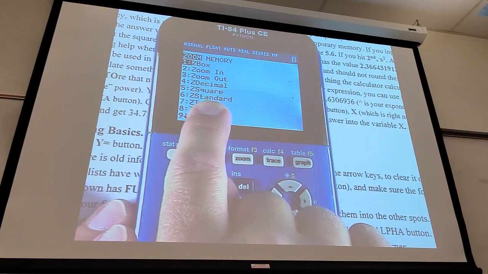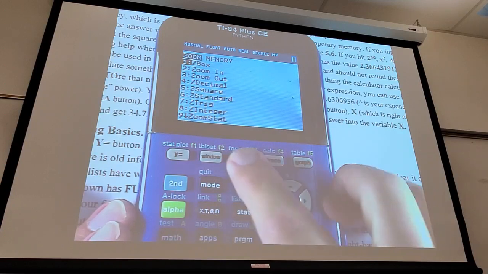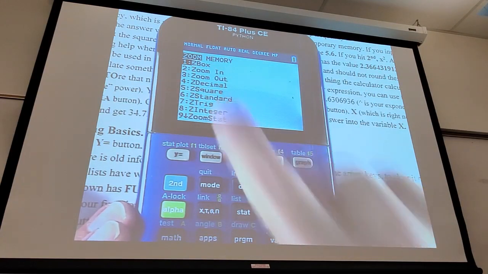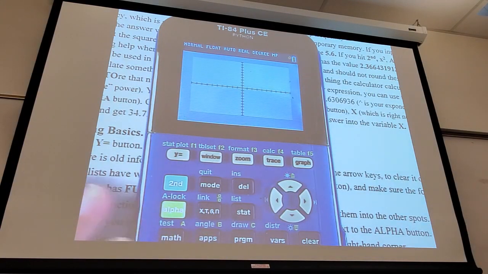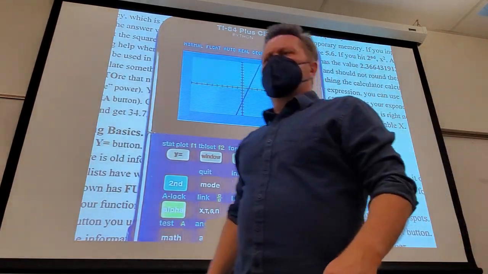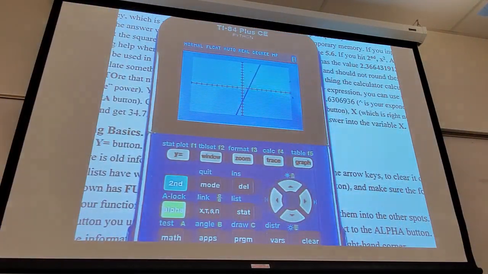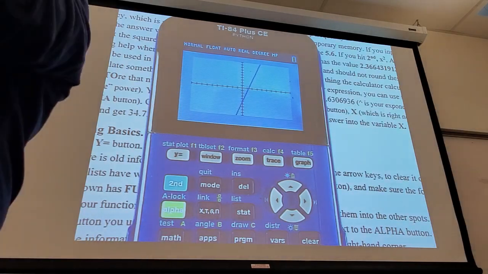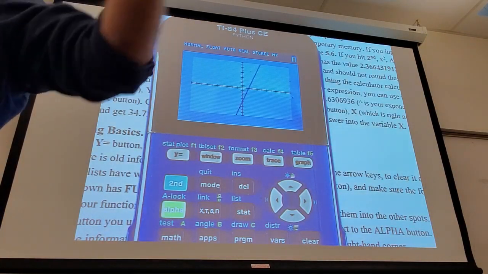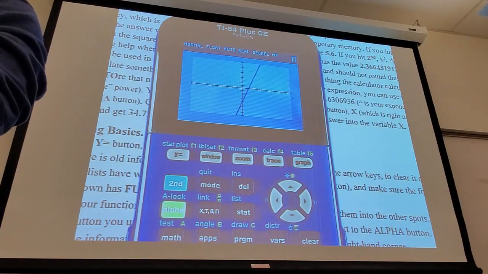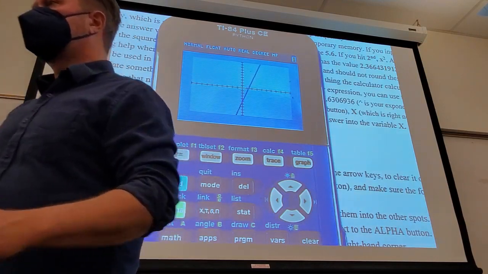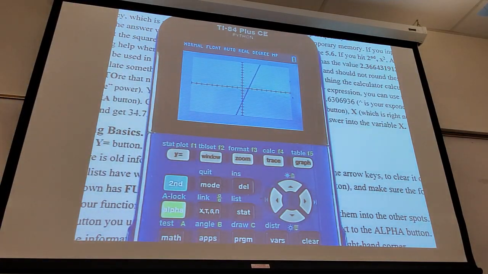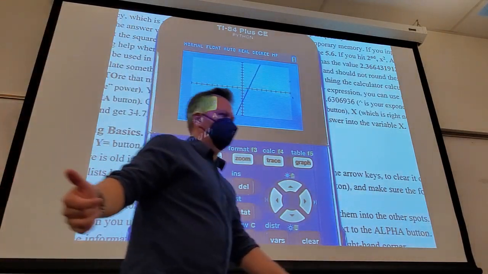Everybody should look the same as mine. Zoom standard will always take you negative 10 to 10, negative 10 to 10.